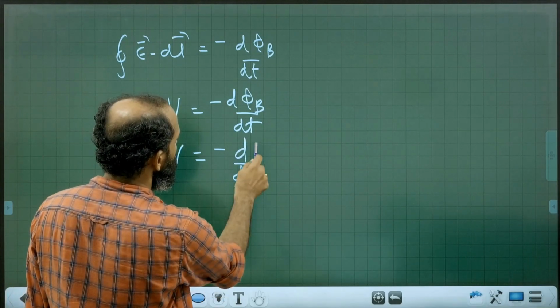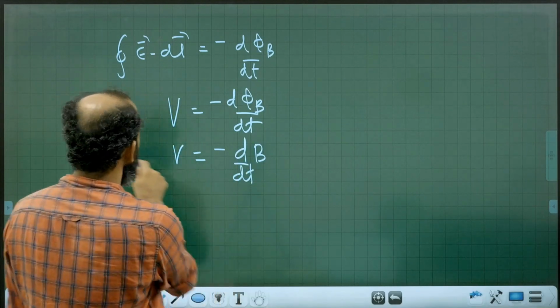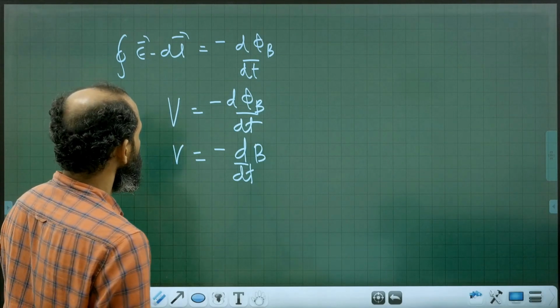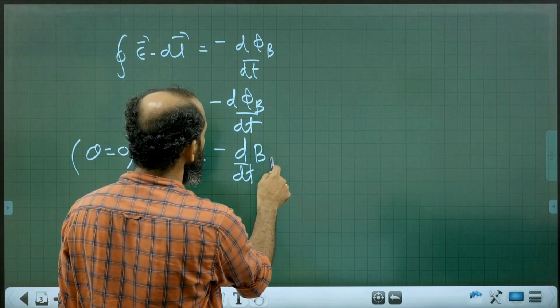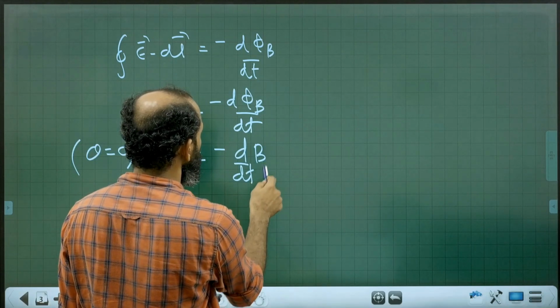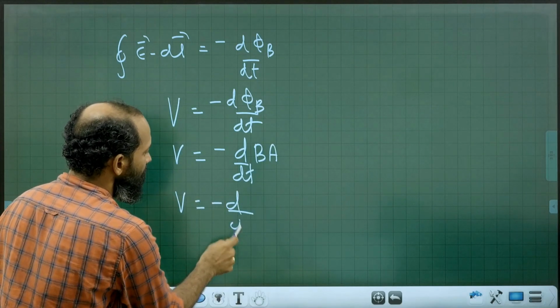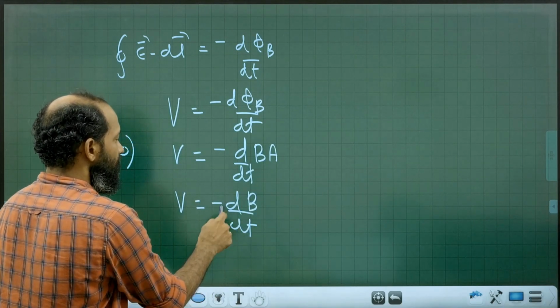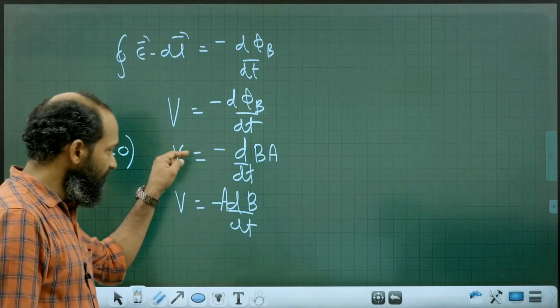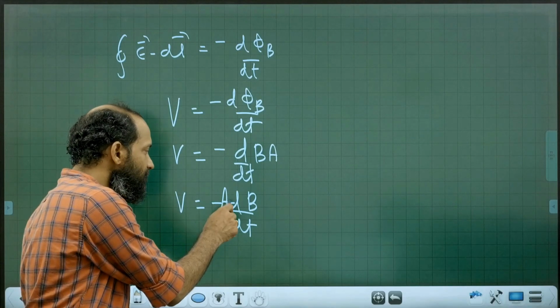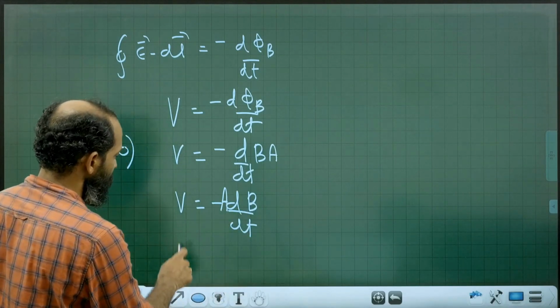Minus d by dt of B dot A. If theta equals 0, flux is maximum, then voltage equals minus d by dt of BA. That can be written as minus A dB by dt if area is a constant but the field is varying. So with area constant but field varying, it can generate voltage.